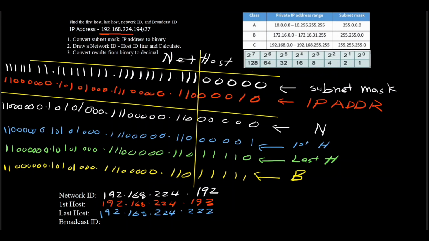And finally, I want my broadcast ID, exactly the same: 192 for the network ID portion, 168 and 224, and here this is all set to 1 from the host portion.